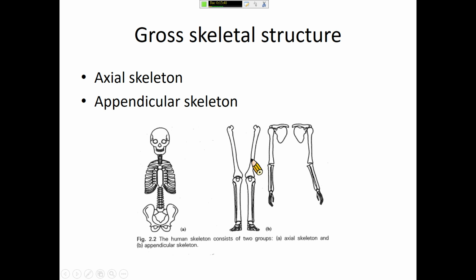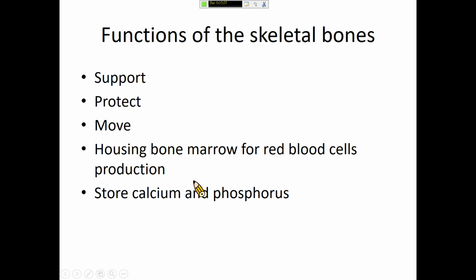The legs have to support the entire weight of the upper body, right? Okay. So support, protect, move, the main function of the appendicular structure is to move.